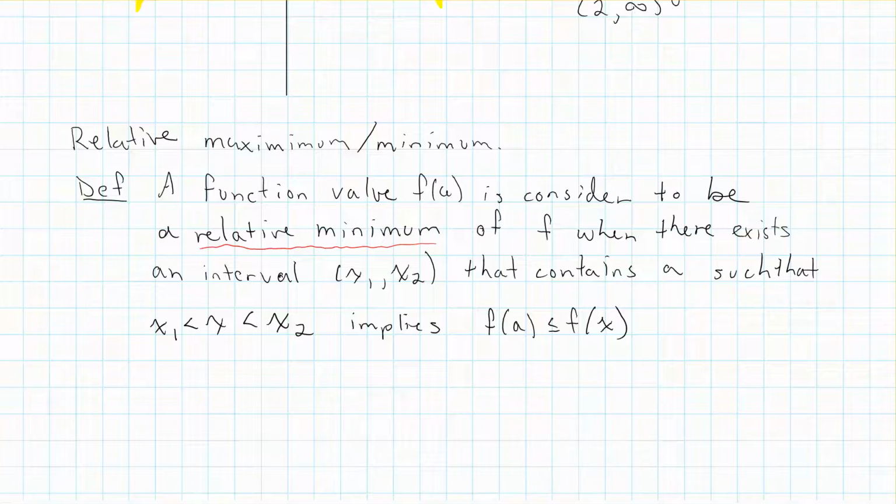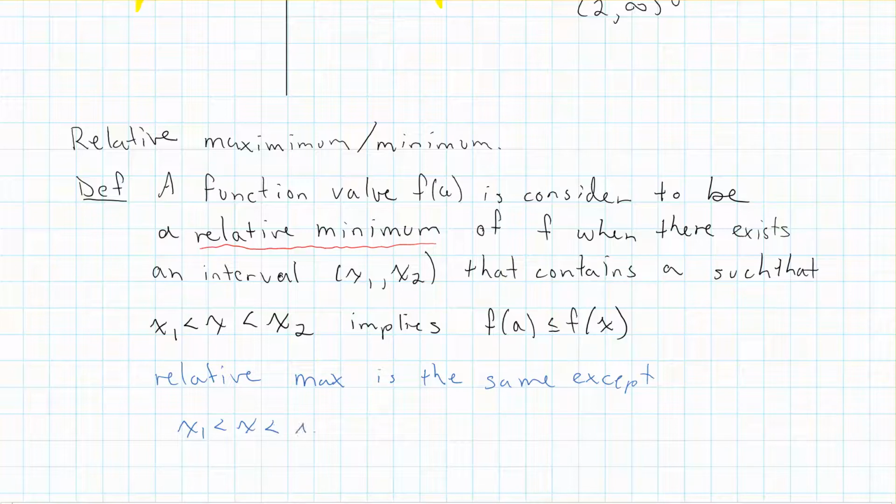Now the relative maximum is almost identical, so instead of writing it completely down like we did with the increasing and decreasing, I'll just put in blue here the relative max is the same, except we have x1 less than x less than x2 implies f at a is greater than or equal to f at x.